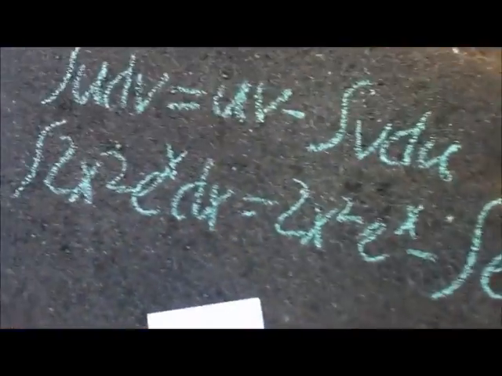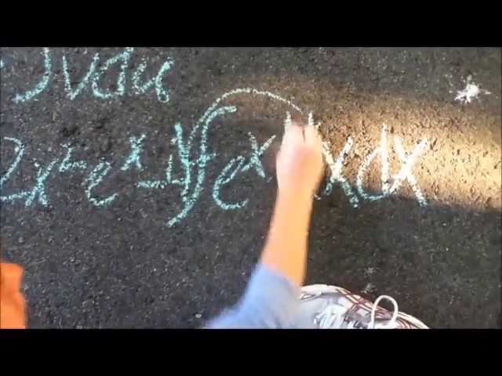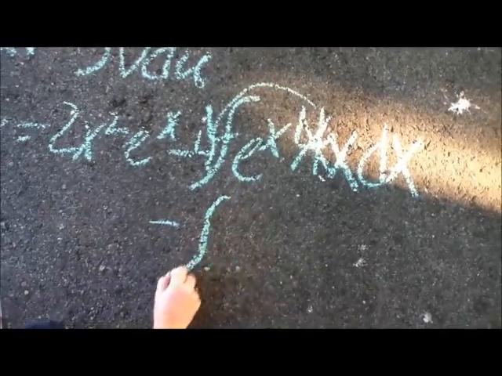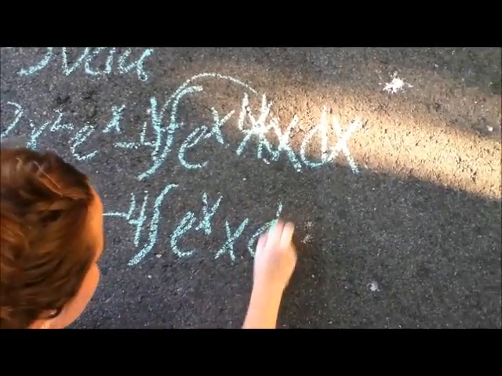Now, we can actually pull out this 4 because of the properties. And then we have the integral right here to be 4 e to the x times x dx.